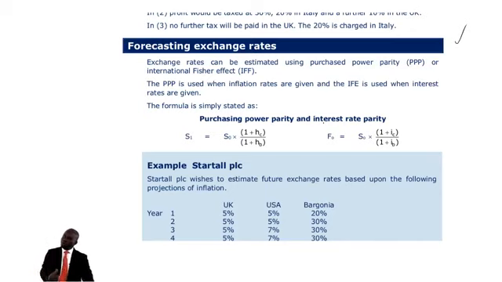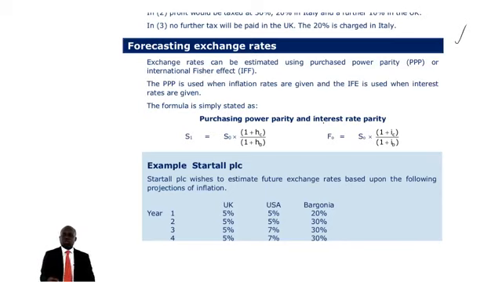So when you go to the exam room, the examiner reserves the right not to give you the forecast exchange rate. It is your responsibility to calculate it. So the moment you need an exchange rate, you go to the question and ask, where is the exchange rate? The question says, I haven't given it to you for the number of years concerned, so I'm expecting you to calculate it. How do you want me to calculate it?